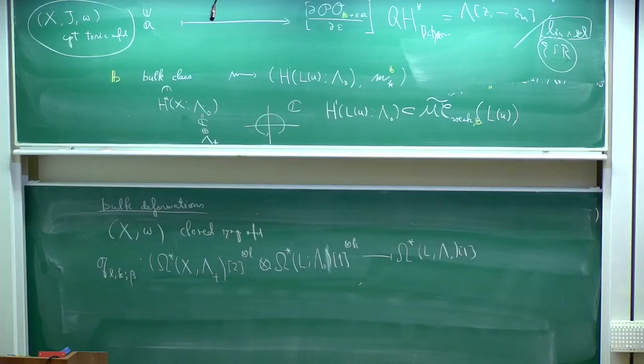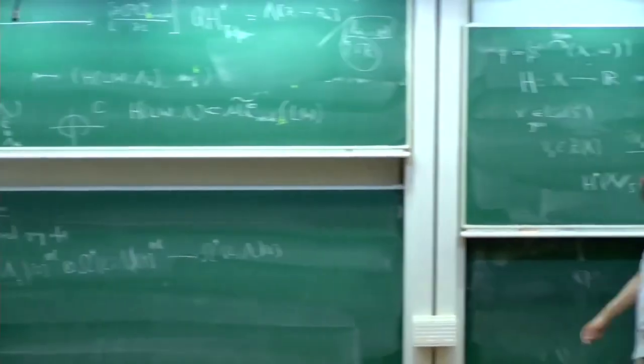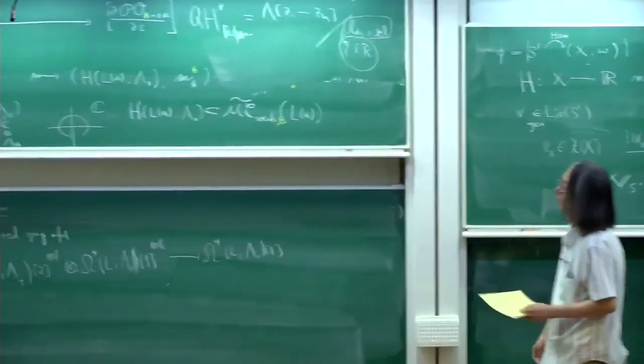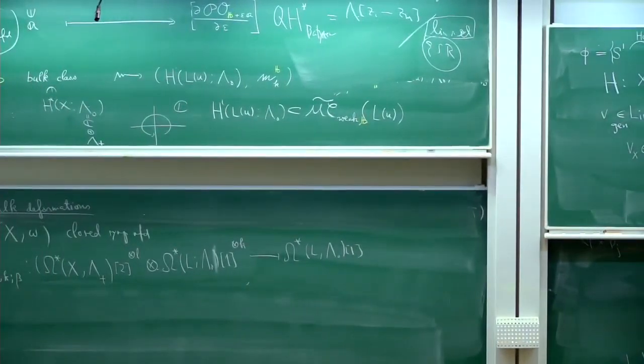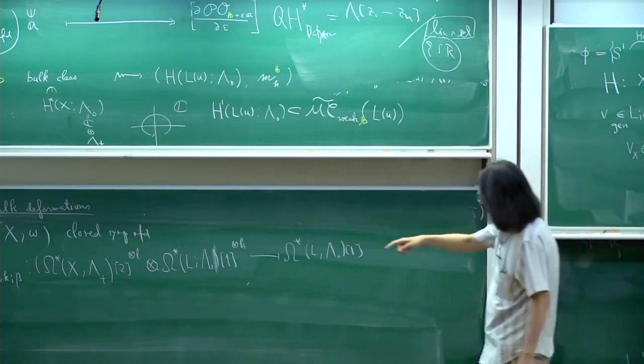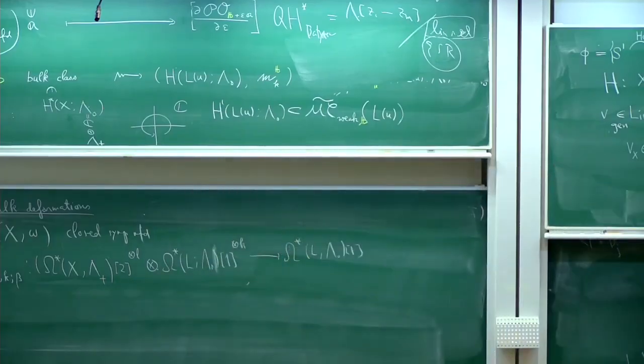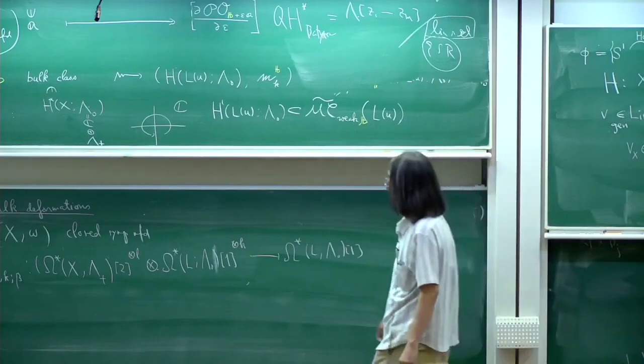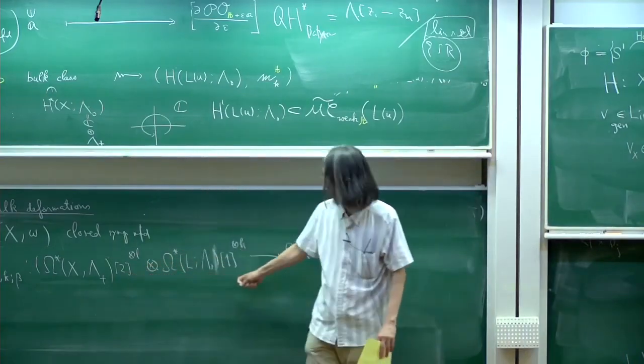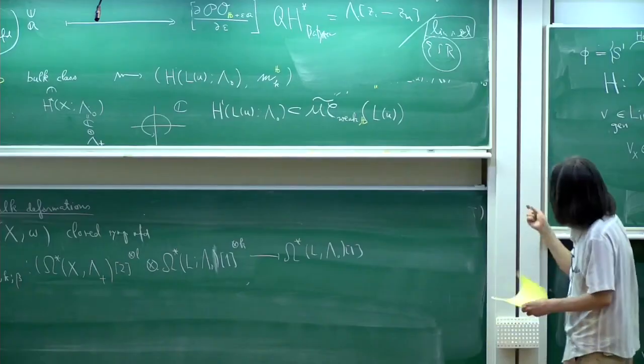It just means shifting degrees by 2 or 1. So if I shift the degree by 2, that means the new degree of a k-form is k minus 2. And for this one, the degree is now the degree minus 1. 2 and 1 are nothing but the dimension of the surface, and the dimension of the boundary curve.